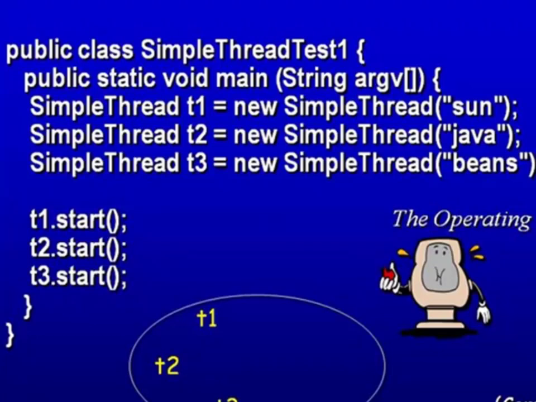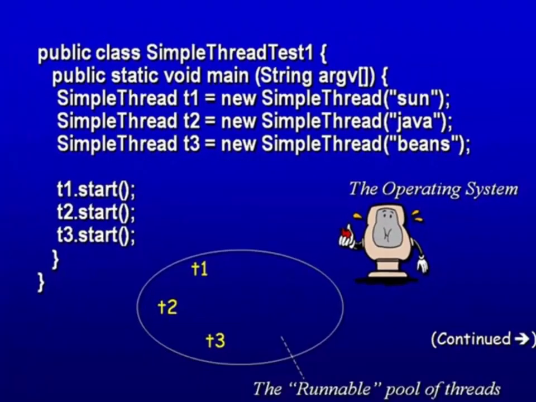So we've got our 3 instances. Then we say to each instance start, and that is the trigger to the operating system to begin to execute these threads. These 3 threads that we've started go into what is called the runnable pool, the pool of threads that the operating system scheduler can pick based on its own internal algorithm.